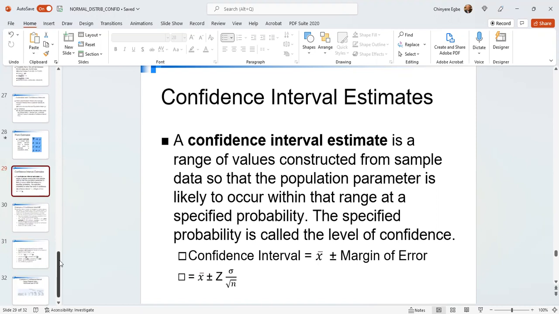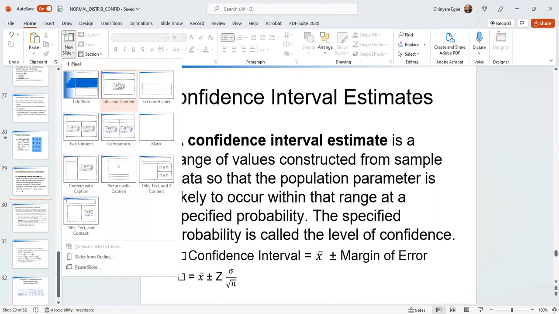When we are doing a confidence interval estimate, we're going to be looking at two values. We're going to take a sample, and then we calculate the sample mean. So I'm going to go through a process here.